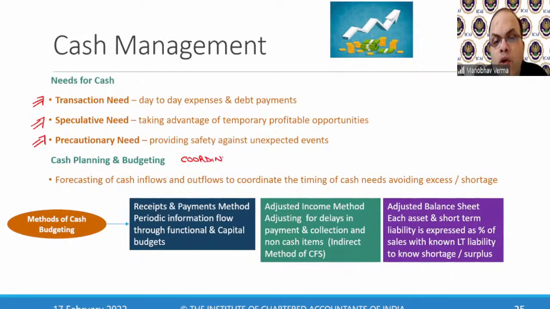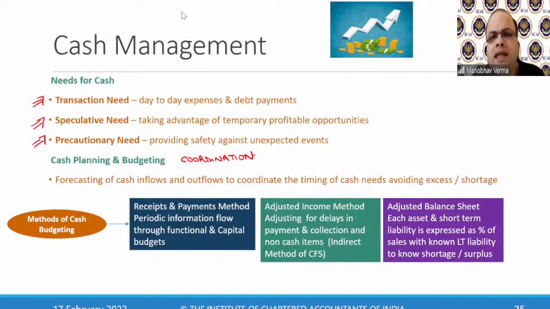That is very important here, because we should not end up in a situation where a bulk payment has to go to the vendors and you don't have liquidity. You don't want to end up in that kind of situation. So forecasting the cash inflows and outflows becomes very important, because you want to avoid unnecessary holding up of idle funds. And not only that, you probably want to avoid any kind of shortage as well.